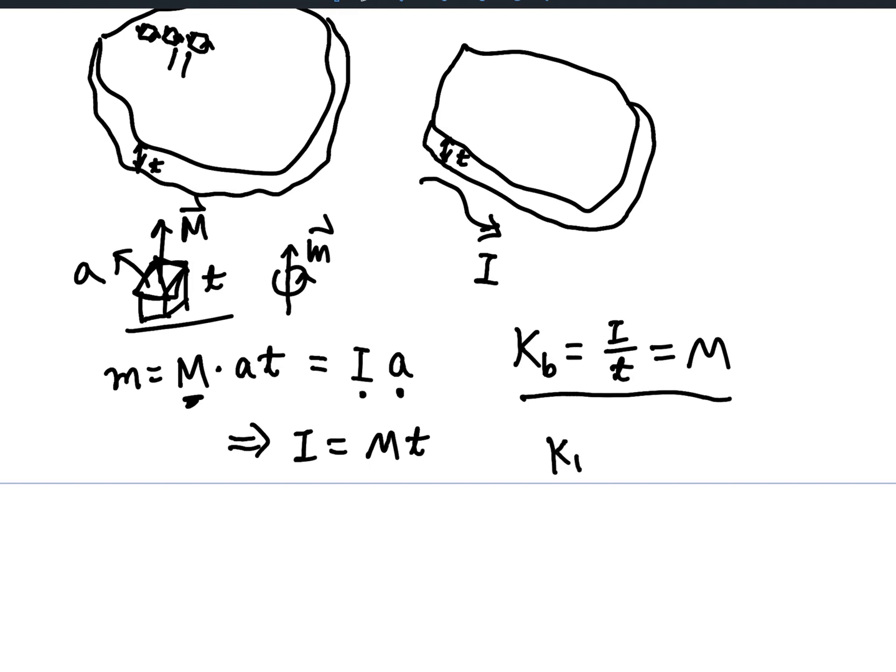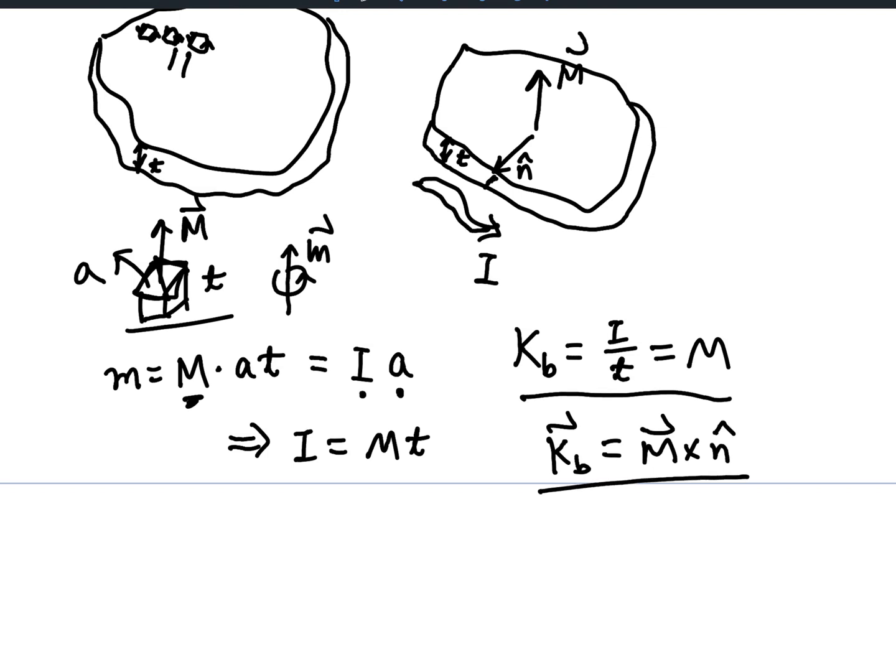However, the direction, you will be able to figure out, is M cross n hat. M is this way, and the normal on the surface is pointing outside, so M cross n hat gives us the direction of this surface current.